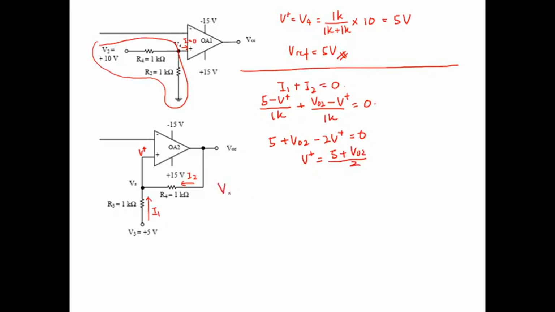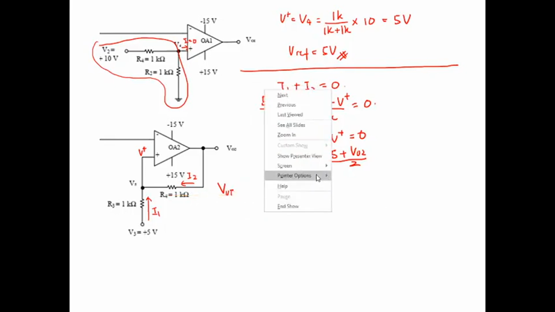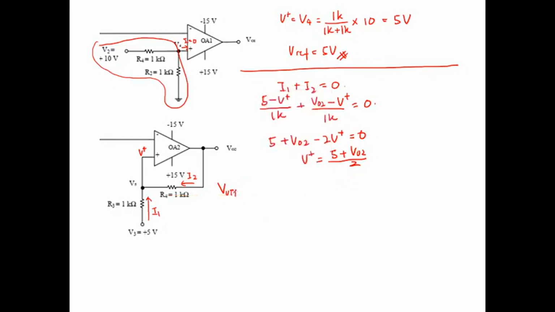I've mentioned many times, what is VUTP? VUTP is the V plus where the V out is equal to plus VCC. So VUTP is (5 plus 15) over 2, since the maximum V out is 15.